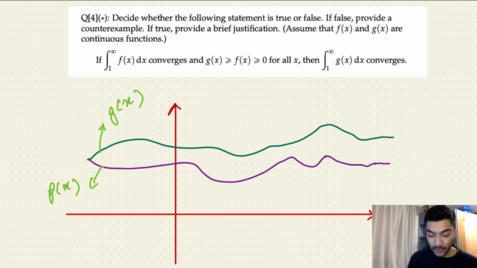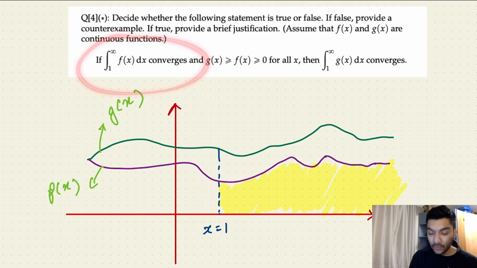Since the integral is from 1 to infinity, let's suppose this is our x equals 1 point. This integral is basically this area under the curve, right? So the integral of f of x dx from x equals 1 to x equals infinity is this area over here.